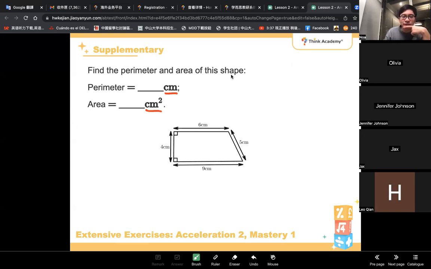Olivia, good job. So we know the perimeter is 6 plus 4 plus 5 plus 9 is 24 centimeter. Remember, it's 24 centimeter. It's how long it is. Okay. It's not asking how big it is. Okay. Now, what's the area? Can you tell me what's the area?